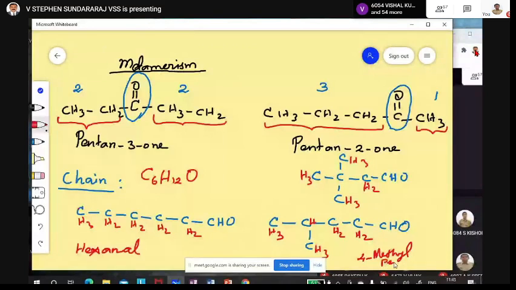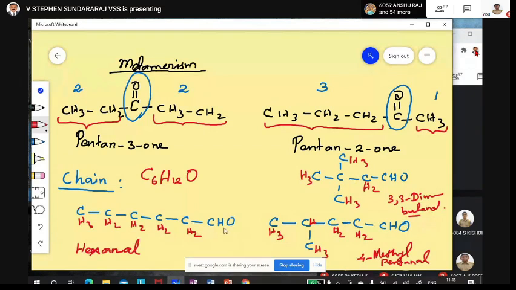This is 3,3-dimethyl butanal. Different IUPAC names mean they are completely different compounds. One is hexanal, another is 4-methyl pentanal, another is 3,3-dimethyl butanal. All of them are different compounds with the same molecular formula.